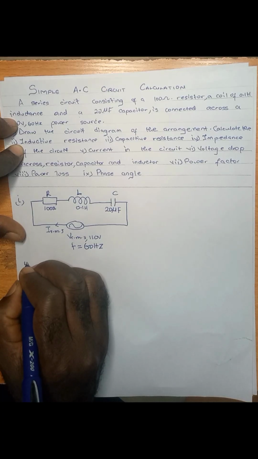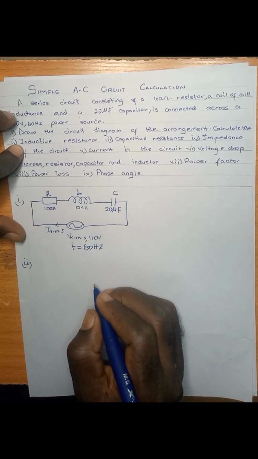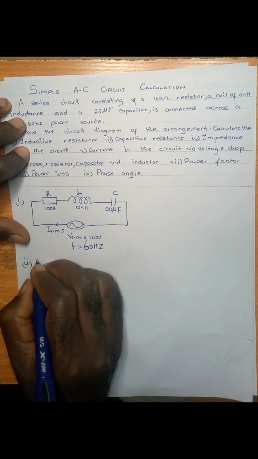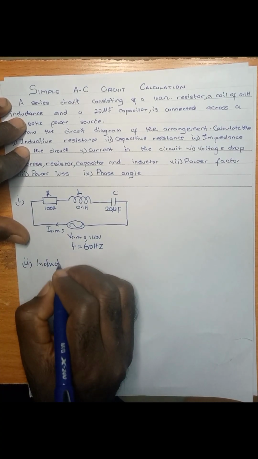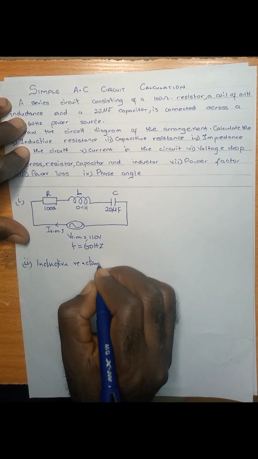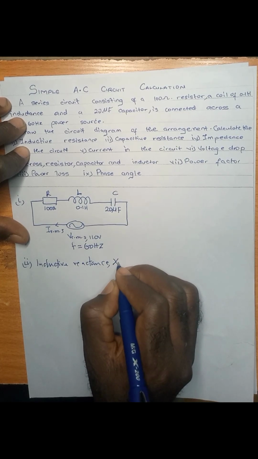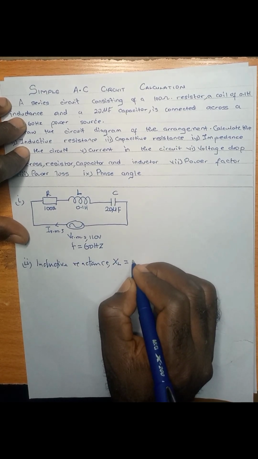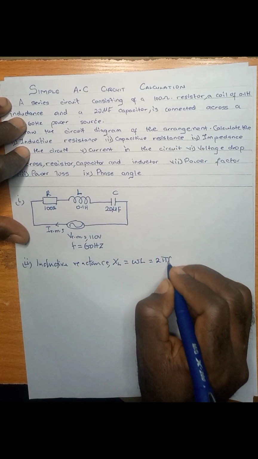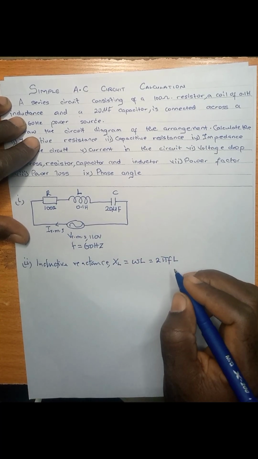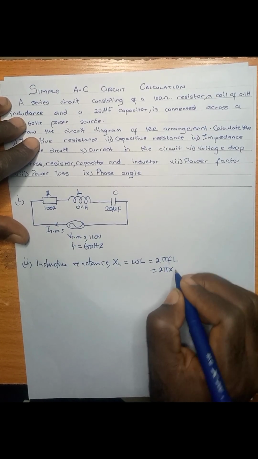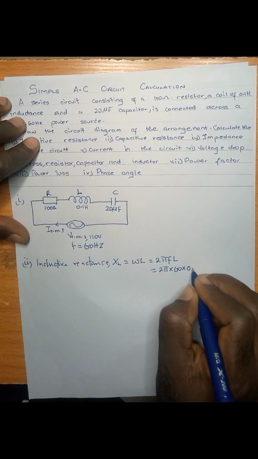The second question said that we should calculate inductive reactance or reactance of the inductor. So inductive reactance X subscript L is given by omega L, and omega is 2 pi F, then L. Now when we substitute our values here, we have 2 pi times 60 times 0.1.